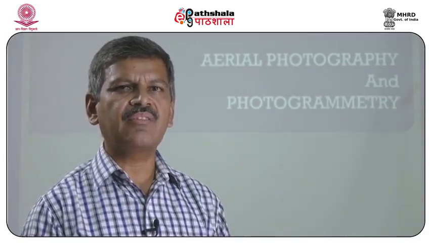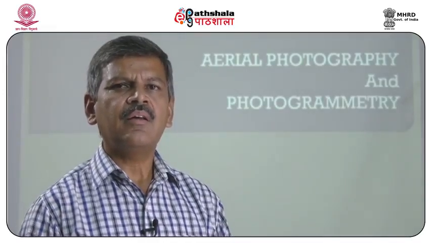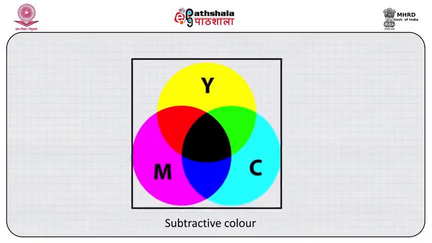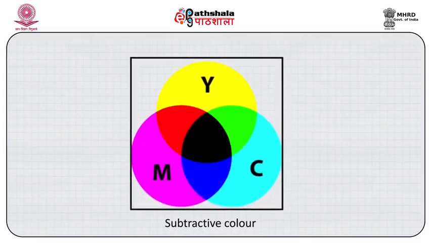It is also known as the additive color concept. The secondary color concept is the combination of cyan, yellow and magenta. It is also known as the subtractive color concept.